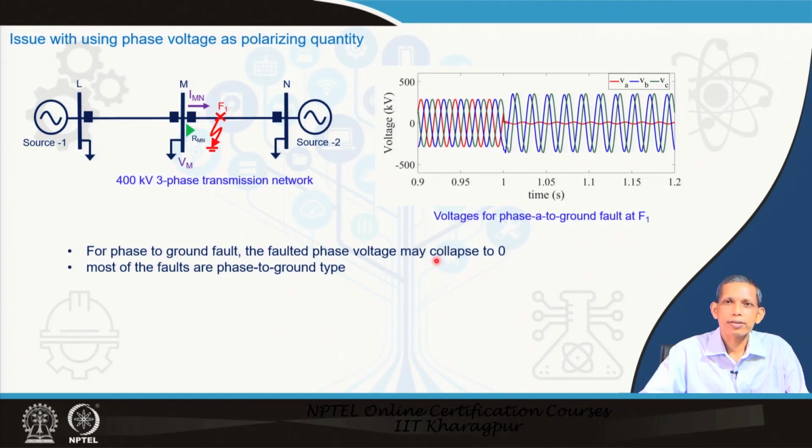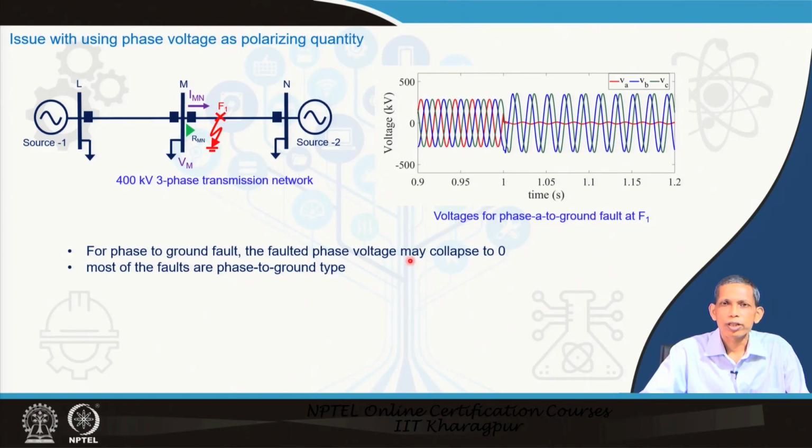In that case, with the voltage being substantially low, because of other uncertainties the phasor value will not be reliable, and therefore the associated angle of VA cannot be considered for a reliable directional principle.